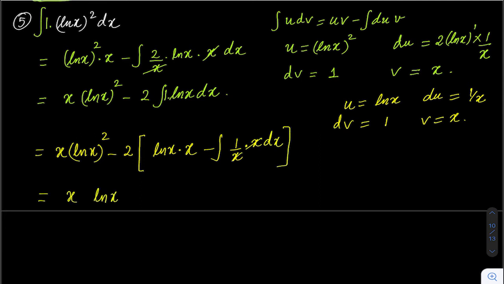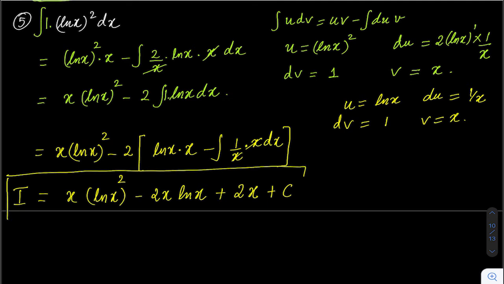So x (ln x) whole square minus, this will be 2x ln x, and this minus minus becomes plus. So plus 2, integration of 1 is x, and plus c, we always write c in indefinite integrations. That is our constant of integration. So this is my answer.